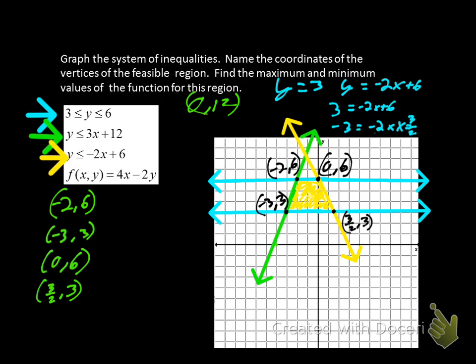Everybody looking? -2, -3, 0, and 3/2 are all what? X coordinates. 6, 3, 6, 3 are all what? Y coordinates. The only thing we haven't used yet is this function, f of x comma y equals 4x minus 2y.